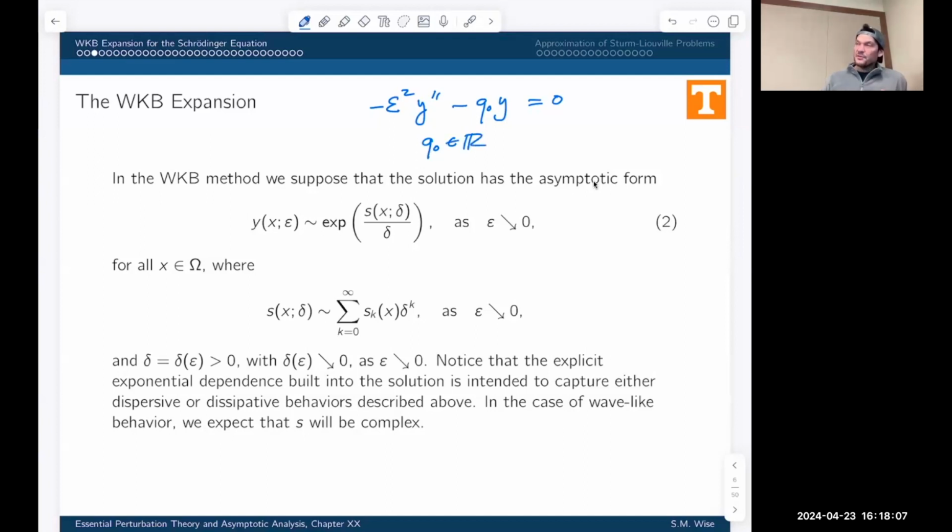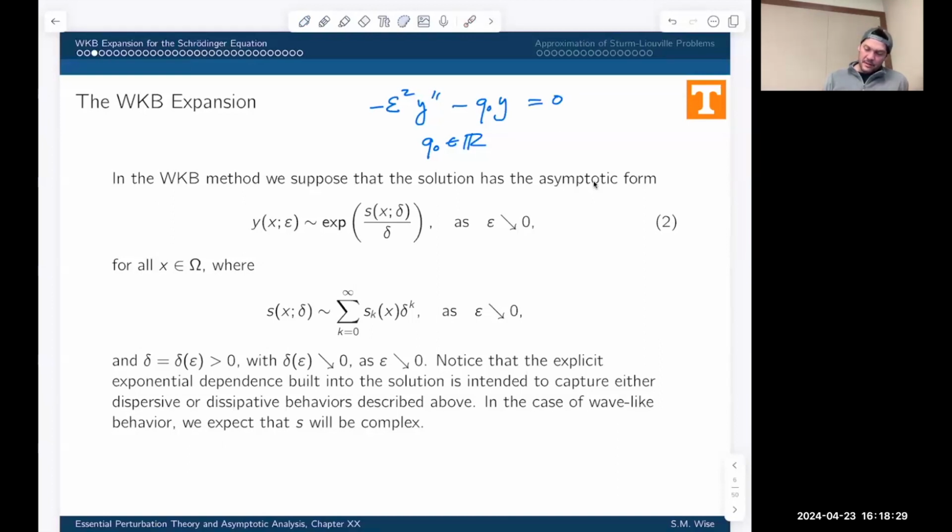Then, of course, the solutions to this are simple exponentials. And the sign of Q plays an important role as to whether the exponential is decaying or exponentially growing, or it might be oscillatory, a complex exponential. So what would the solution be?